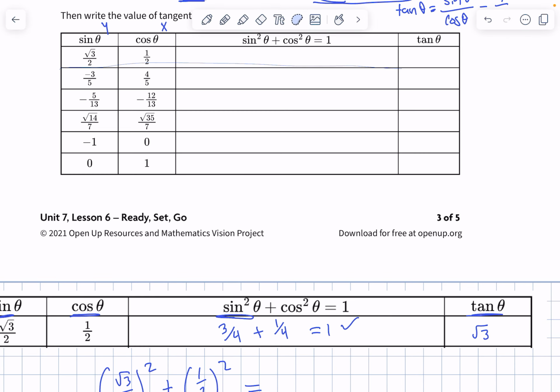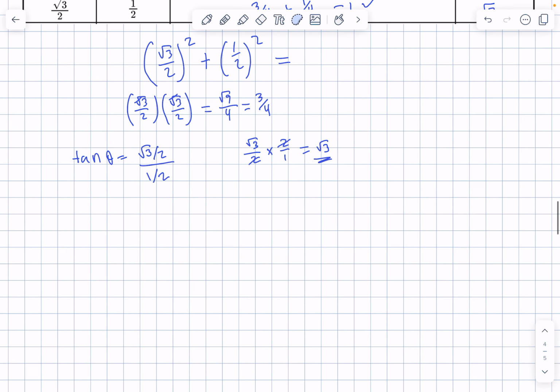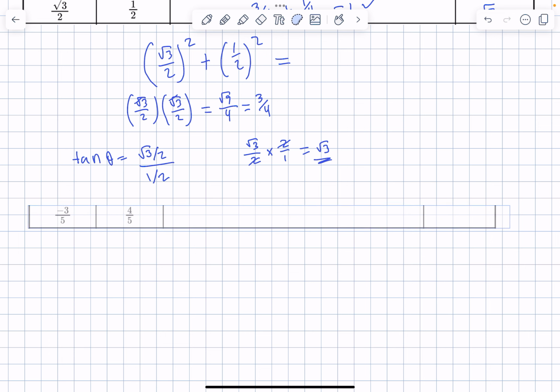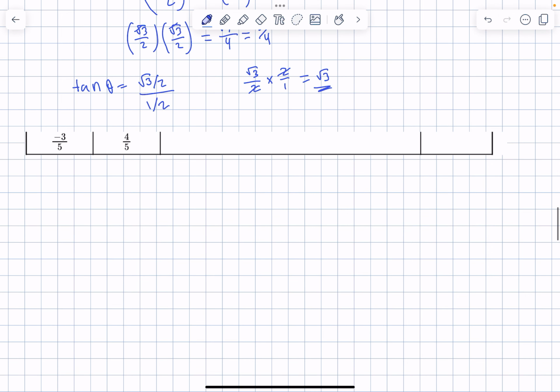I'm just going to copy these down, and we're going to go from there. Again, this is sine theta, cosine theta, tangent of theta. So then my identity, try to memorize the identity.